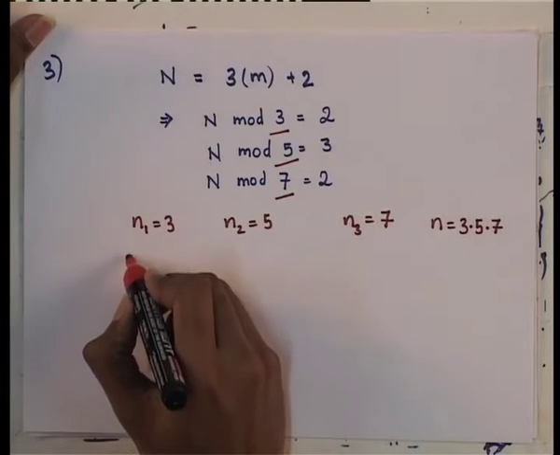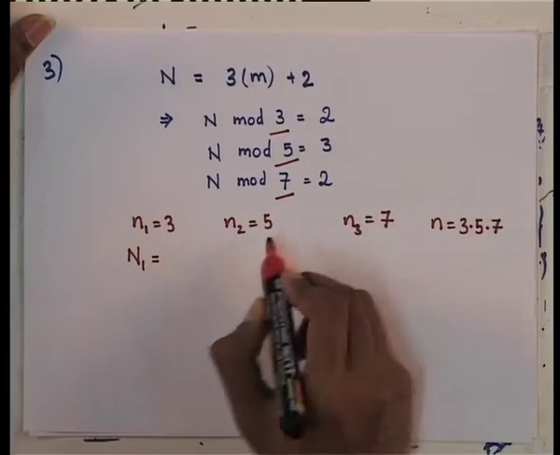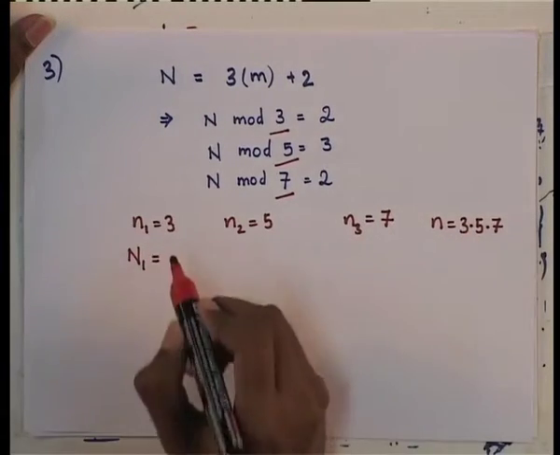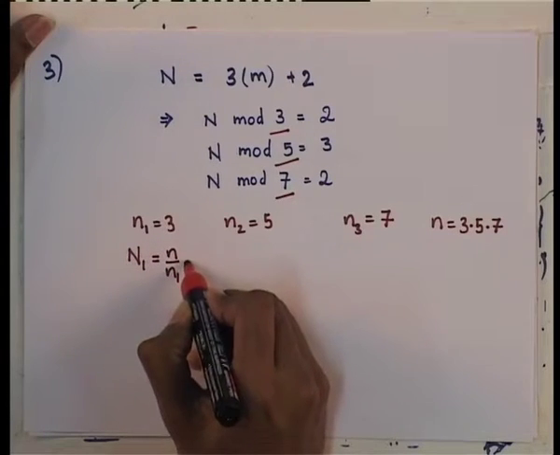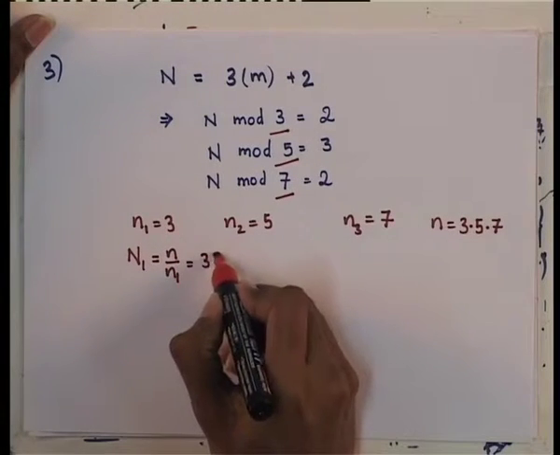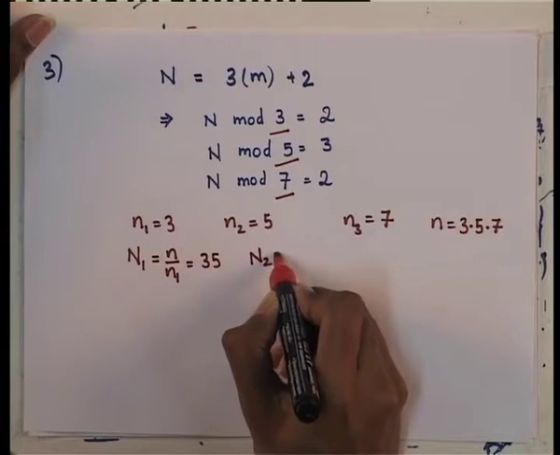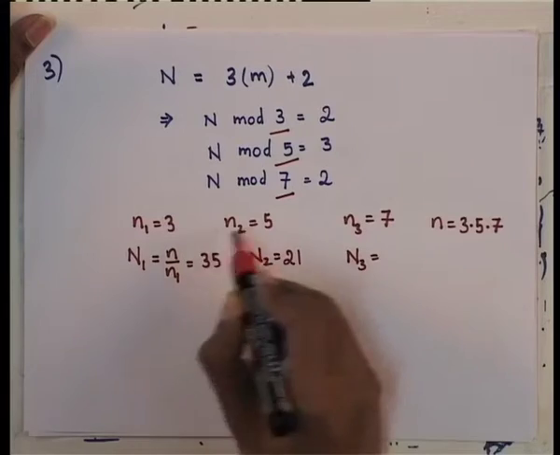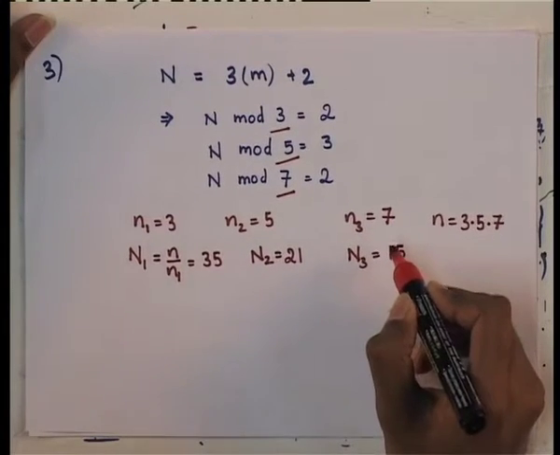Now consider capital N1 as the product of the other 2 numbers, or N divided by n1, which is 5 times 7, 35, and N2 is 7 times 3, 21, and N3 is 3 times 5, 15.